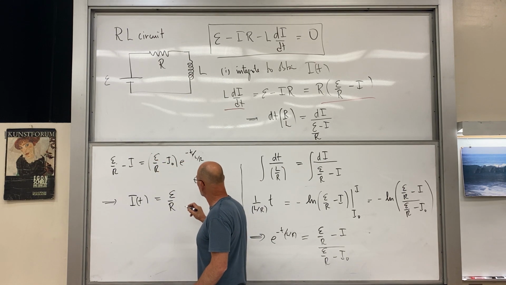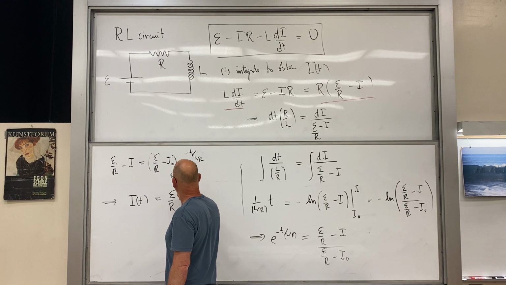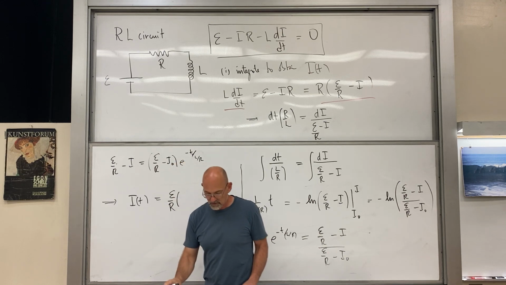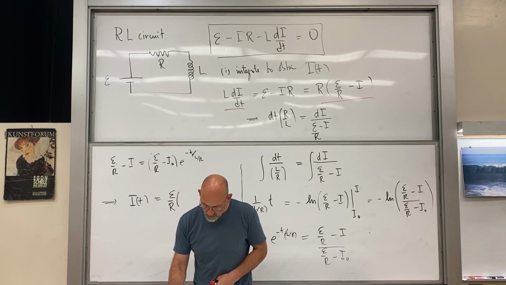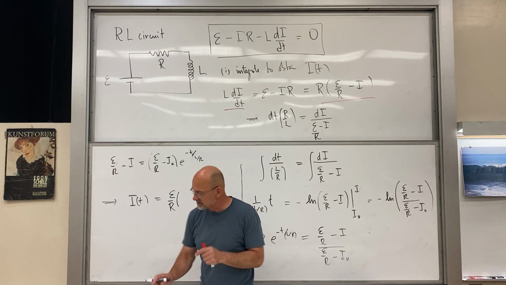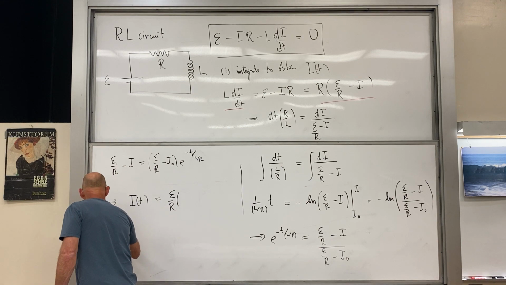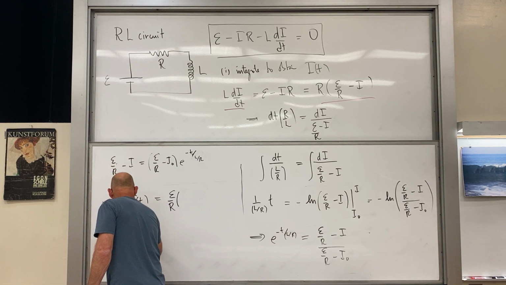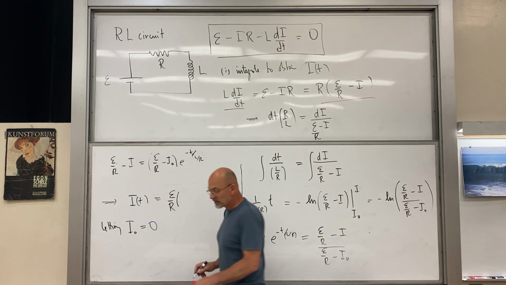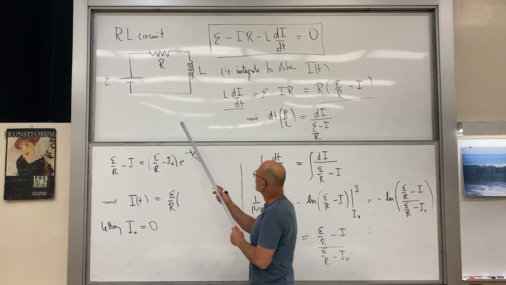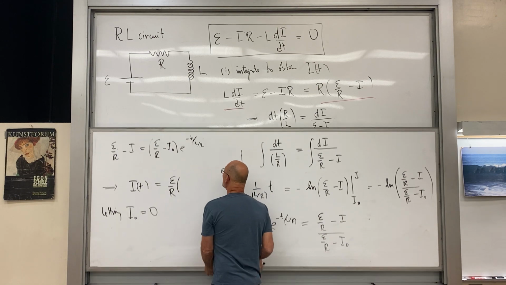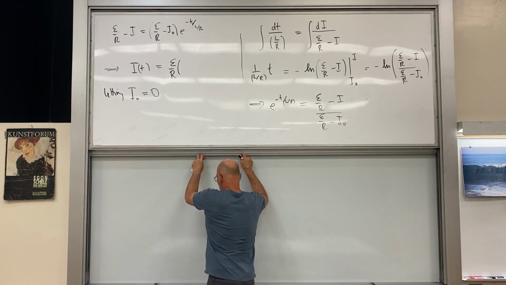We have E over R times, letting I0 equal 0. That goes back to our goal here.